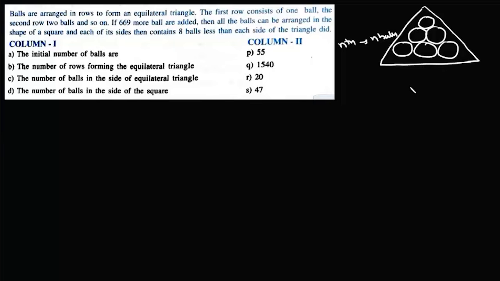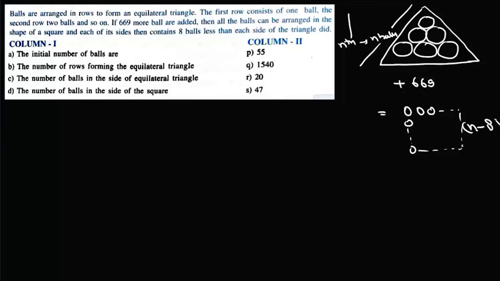Now it says, if we add 669 balls, then we can form a square and each of its sides contains 8 balls less than each side of the triangle did. So if there are n balls in the sides of a triangle, in this square there will be n minus 8 balls in any one side.